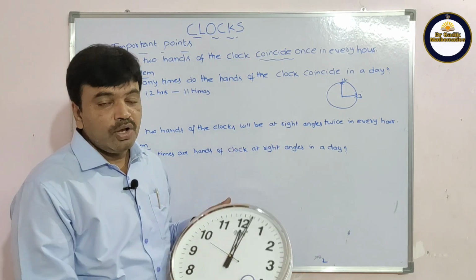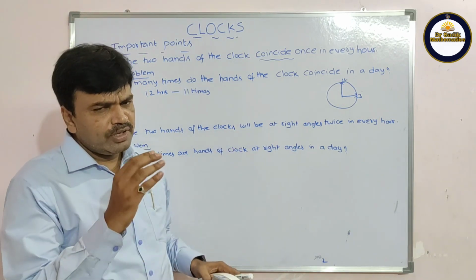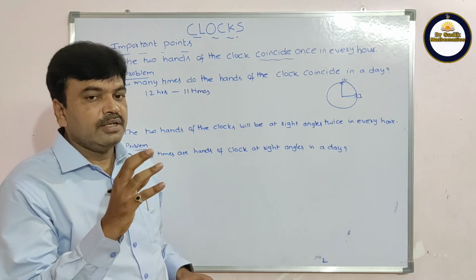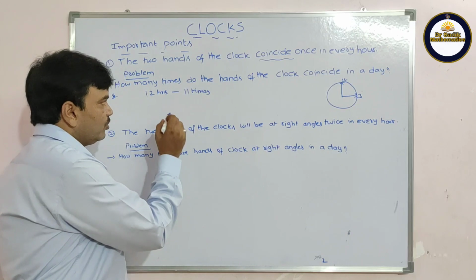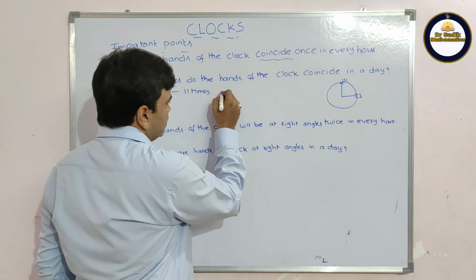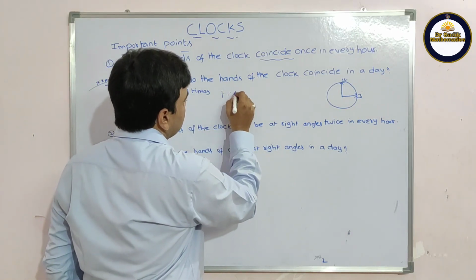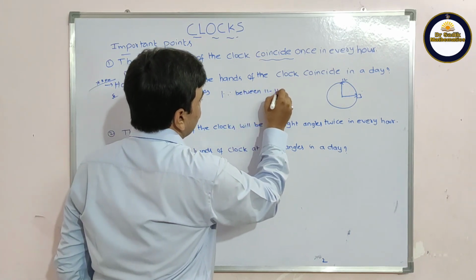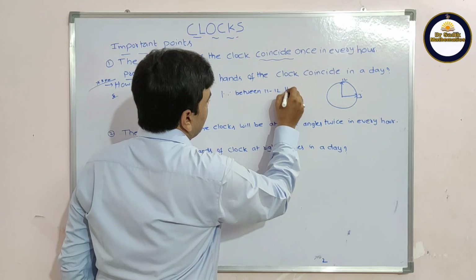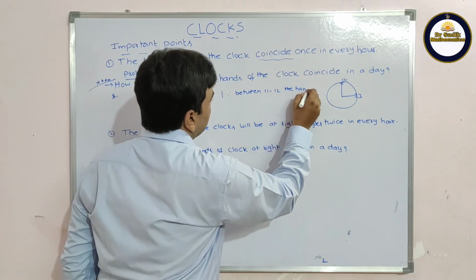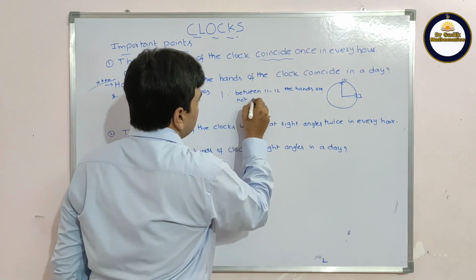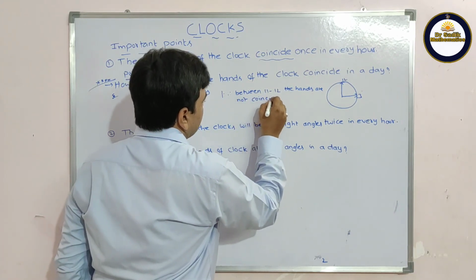No. So between 11 and 12, the hands do not coincide. That is why in 12 hours, 11 times.